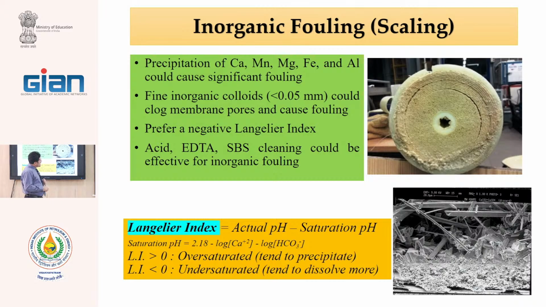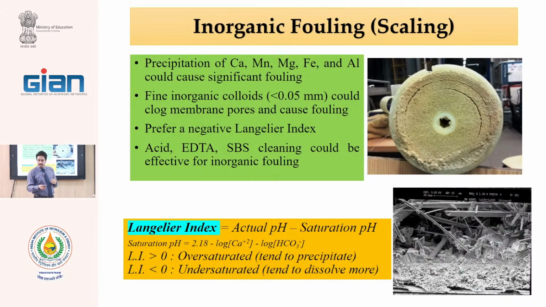If the Langelier index is bigger than 0, it tends to precipitate. If it is lower than 0, it tends to dissolve. Okay? For example, we calculate the saturation pH as 6, and our river water pH is 6.5.